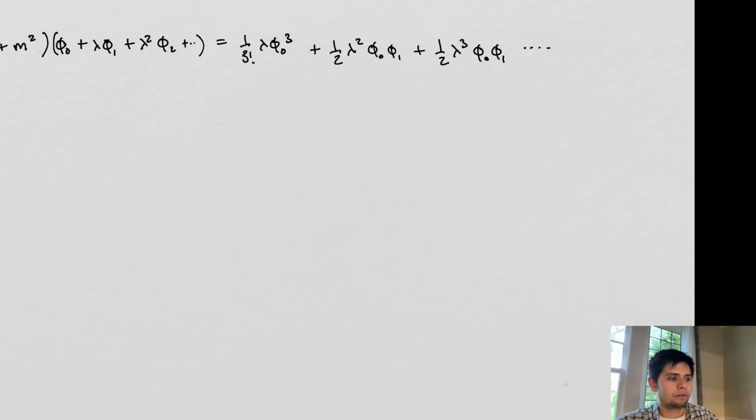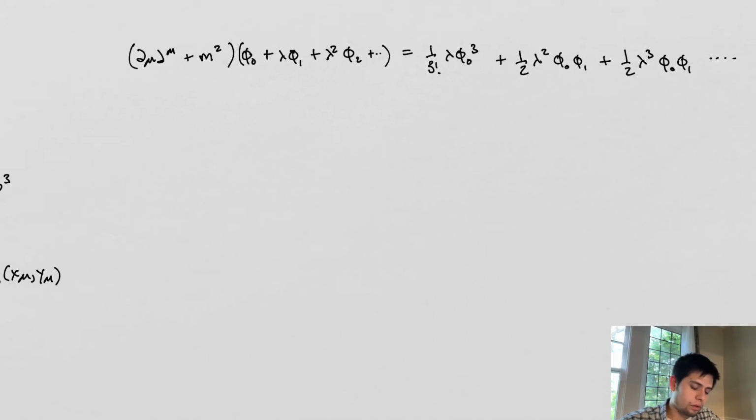And what this tells us now is that this operating on this one is going to look like D mu plus m squared times phi 0 is equal to 0, because we have no terms in here that contain a phi to the 0.